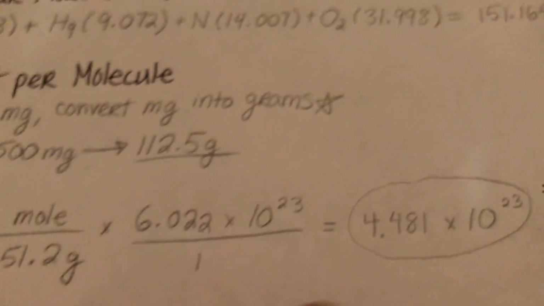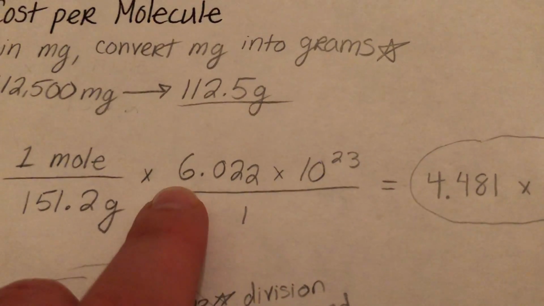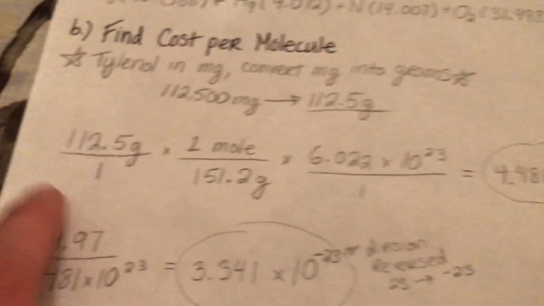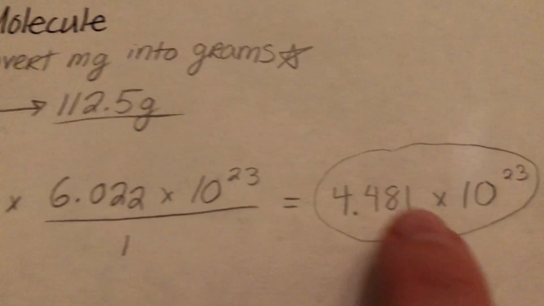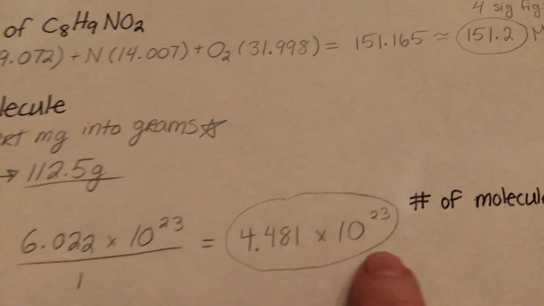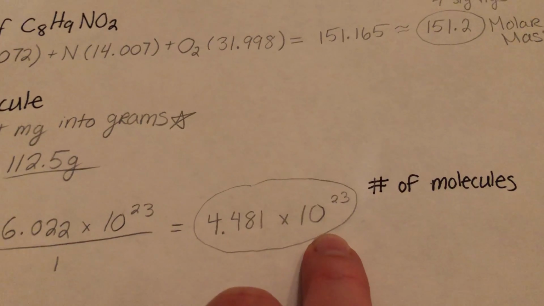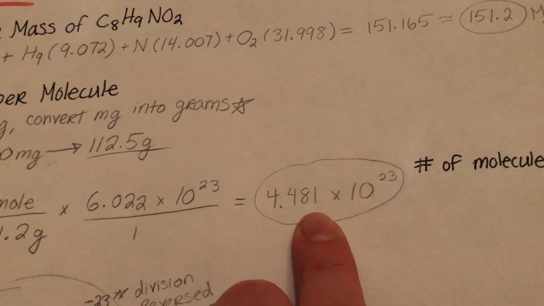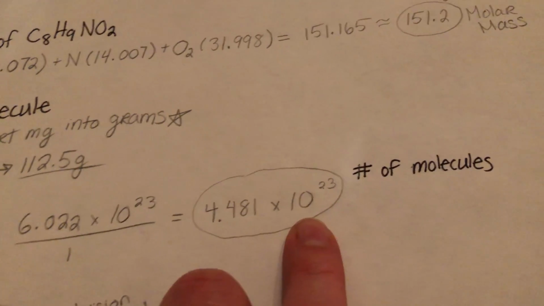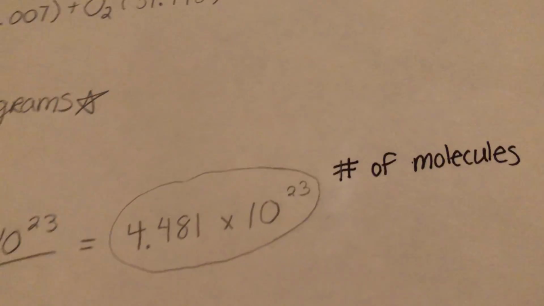So you plug this in, you divide top and bottom, you get this number to 4 sig figs, and then you add this onto there. So this is the number of molecules we've converted.